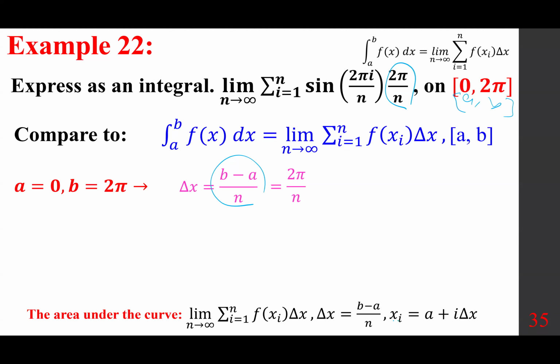And x sub i is a plus i delta x, which is this one, everybody. X sub i is a plus i delta x, which is 2 pi i over n.